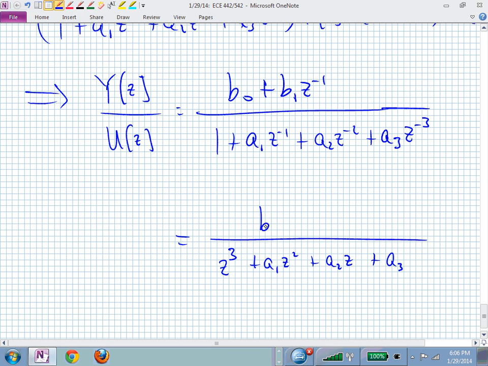And now upstairs I have b sub 0 times z cubed plus b1 z squared. And that's now an equivalent transfer function, but now it's written in terms of positive exponents on z. Yes?